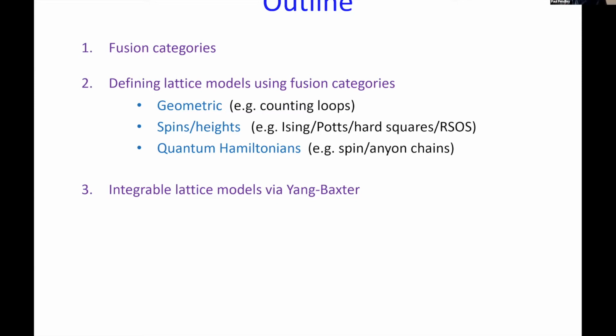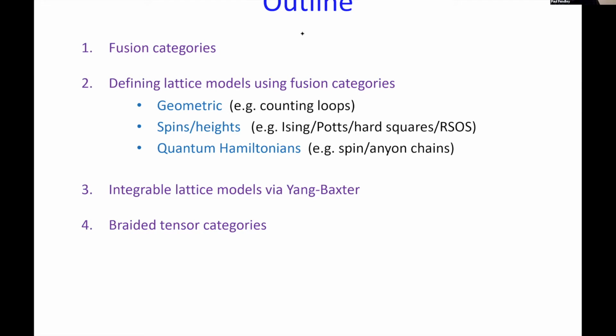And then the next thing, kind of where I want to bring some integrability into the story in the stat mech models is I'll explain to you again how the Yang-Baxter equation fits into this story. And then I'll generalize the categories. If you see up here, I said fusion categories.